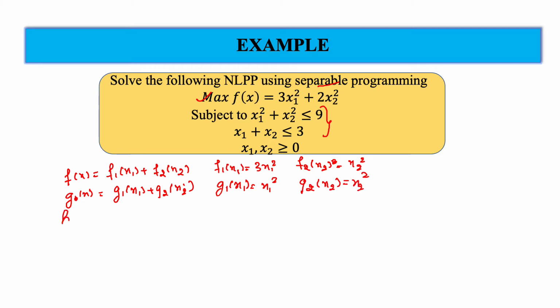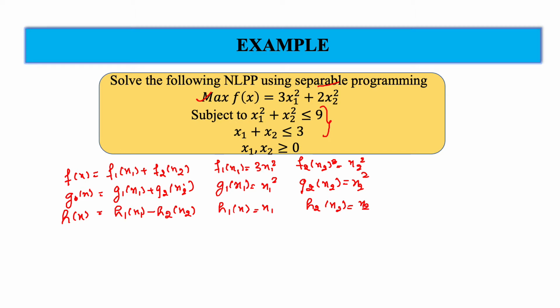And the third constraint is h(x) equals h1(x1) plus h2(x2), where h1(x1) is x1 and h2(x2) is x2.